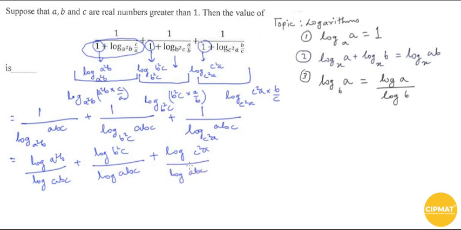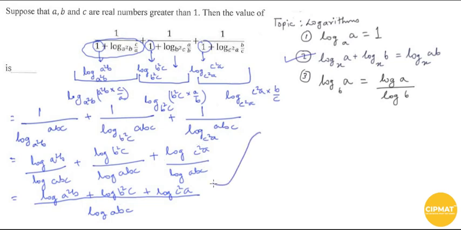Now you can see that there is a common denominator here, and therefore we can simply add the numerators of these fractions. So if we simply add, then it becomes log of a square b plus log of b square c plus log of c square a, and this whole is divided by log of abc. Now again I'm going to use the second property in the numerator.